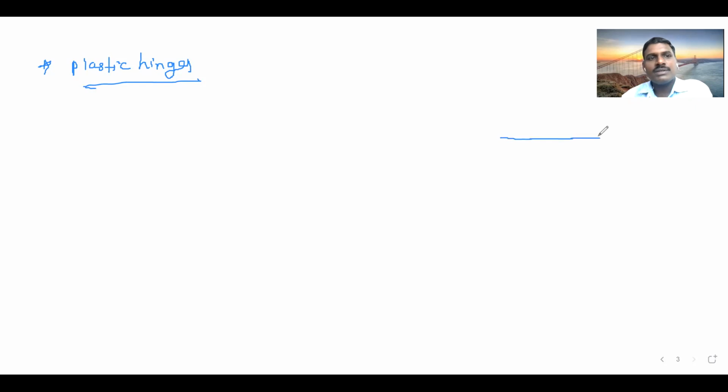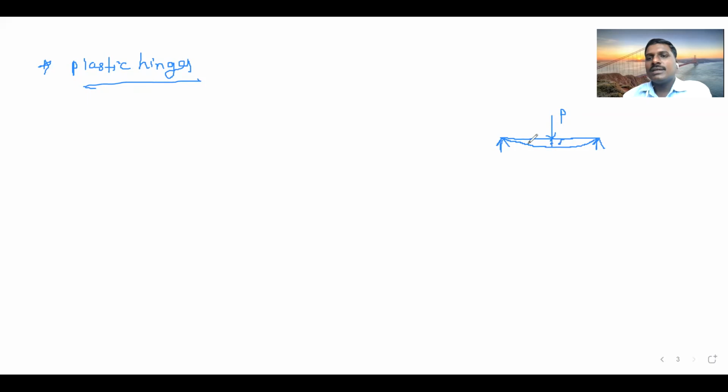Now, plastic hinge means what? This is your beam. This is your loading point P. So this is a horizontal beam and this is the vertical load. If this load is acting on this beam, this is your deflection.